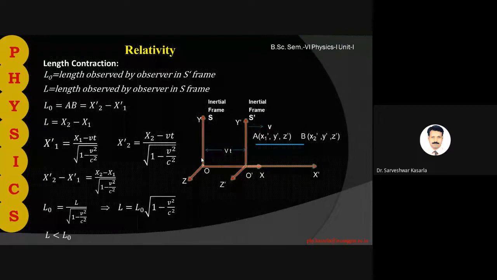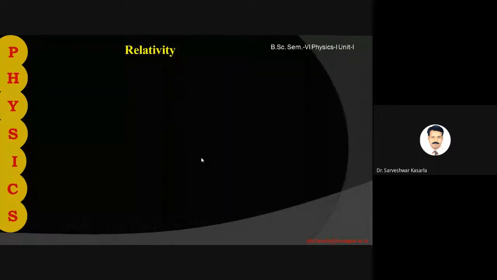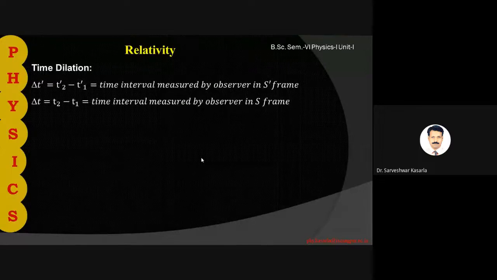So we'll go to the next topic, that is time dilation. So what happens to the time? Now delta t dash is equal to t2 dash minus t1 dash, the time interval measured by the observer in S dash frame. The rest of the things will be the same.